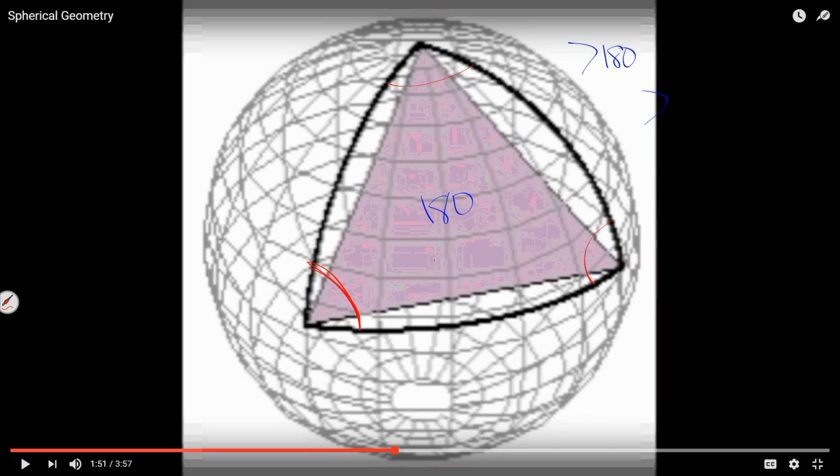So the breakdown is Euclidean equals 180, spherical geometry can be greater than 180. If it equals 180, then what type of geometry are we dealing with? If it equals 180, it's Euclidean. If it's greater than 180, it's spherical.